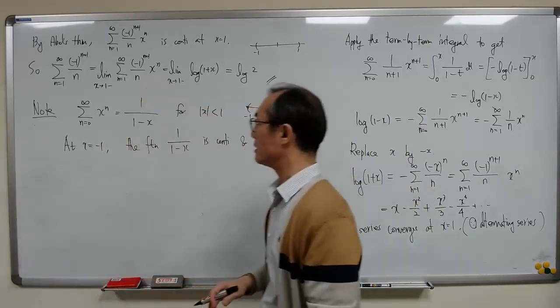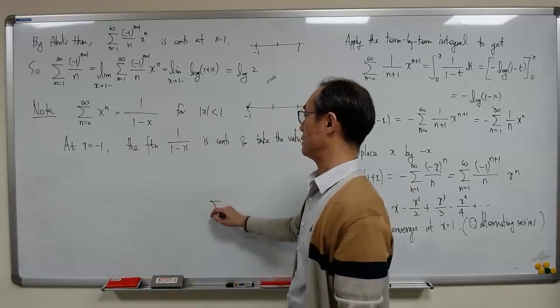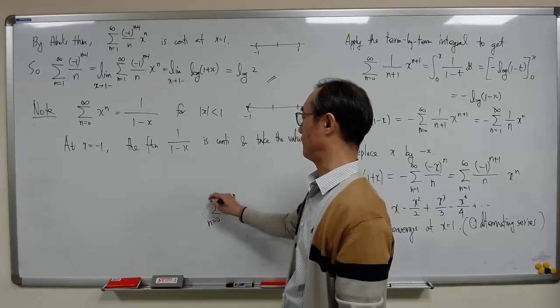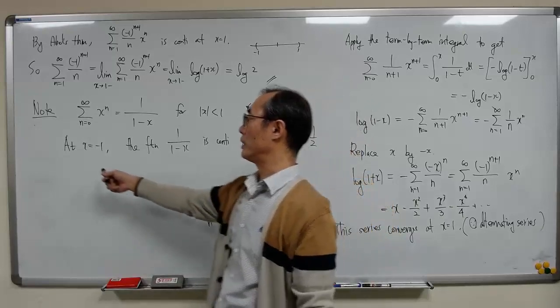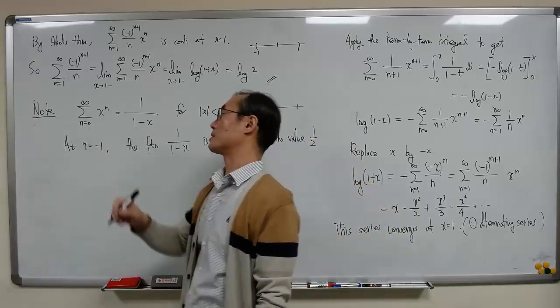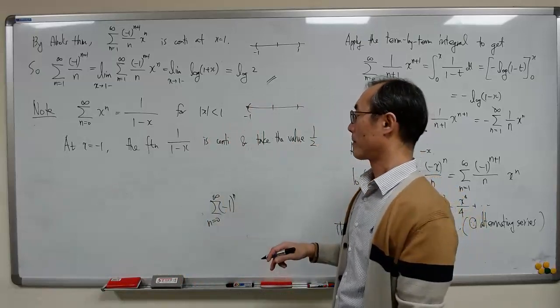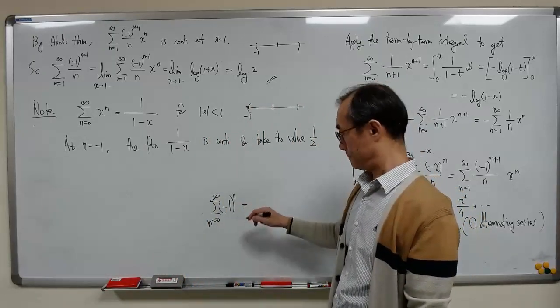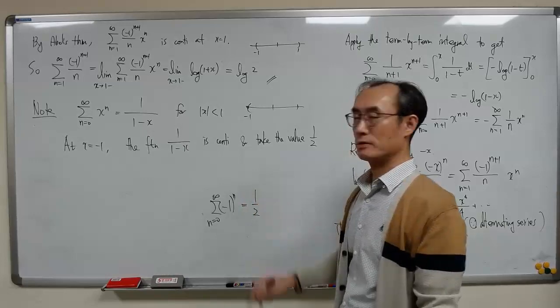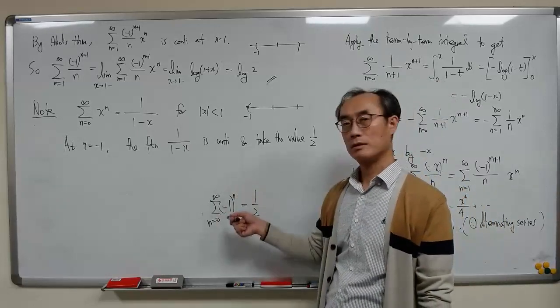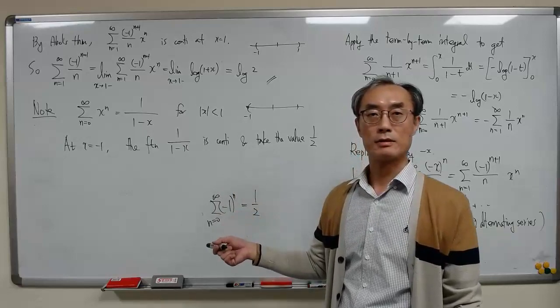That doesn't tell us about the series, minus 1 to the nth power as n goes from 0 to infinity. If you put x equals minus 1 into this power series, that's not going to be 1/2. Why? Since this type of power series does not converge.